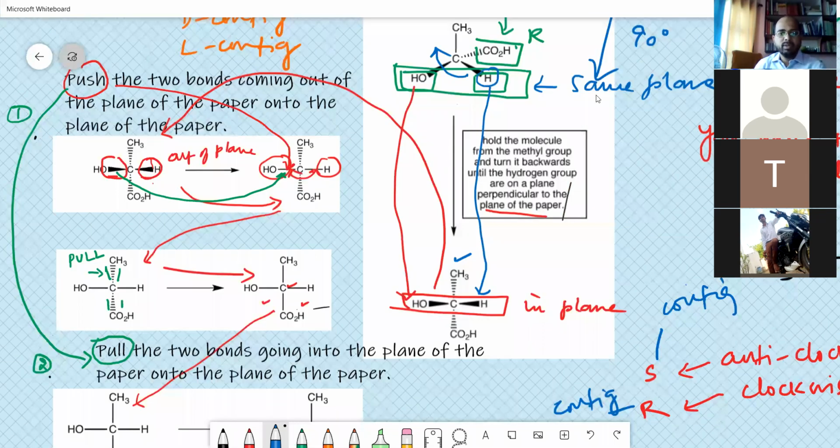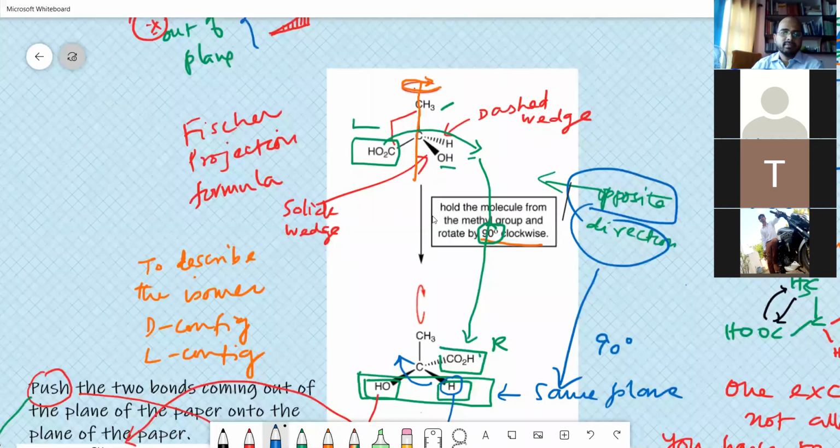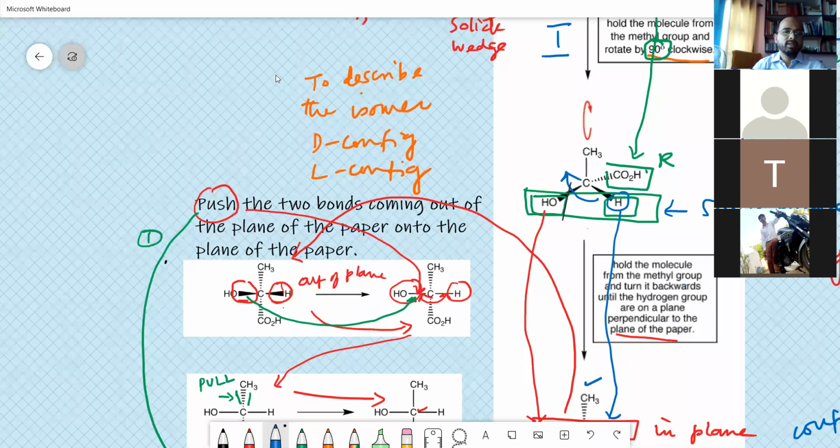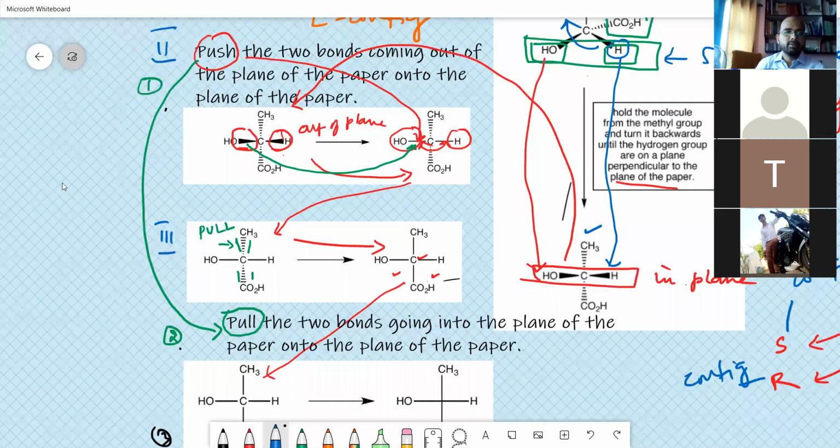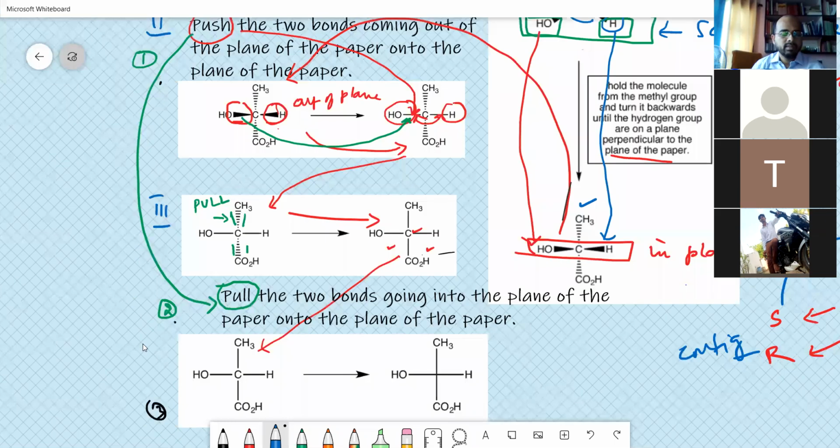Point number 1 is this one. Okay, hold the molecule like this. Point number 2 is this one. Point number 3 is this one. Point number 4 is this one. Okay.